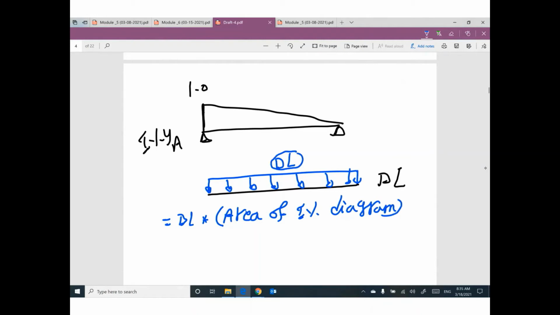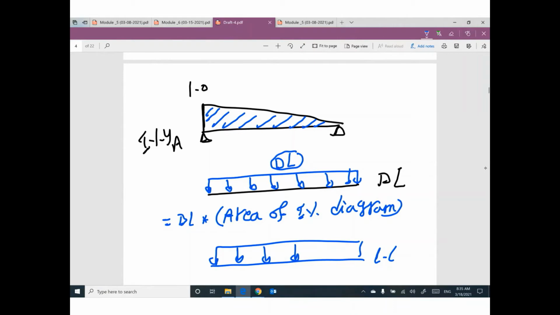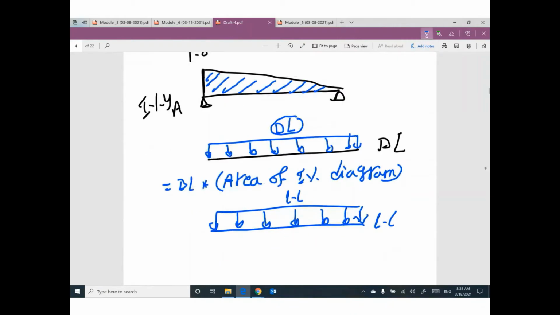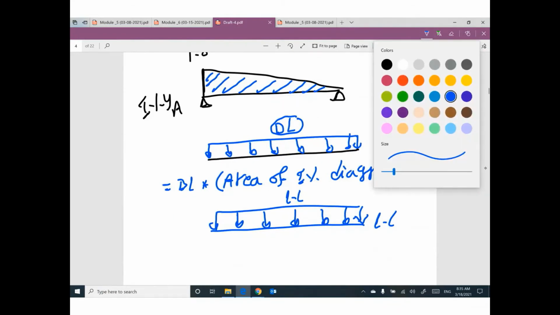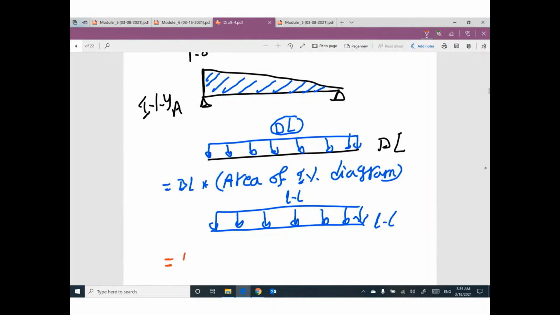The value here times this area. For live load as uniform distributed load, try to put your live load to get the maximum effect. In this case, the maximum effect will be this value of live load times area of influence line diagram. The same, this value times this area.